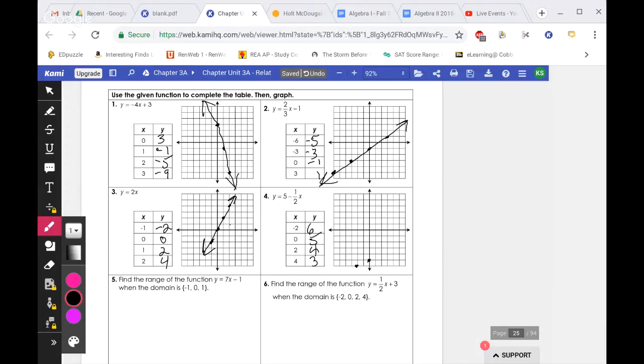I'll go over to 2, right 2, down 4, right 4, down 3. Oh, I was supposed to go up. My bad. Got to watch yourself. So right 2, up 6. 0, 5. 2, 4. And then 4, 3. Better.